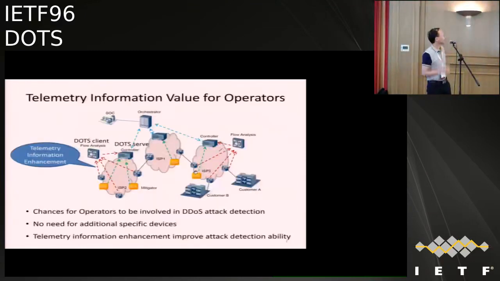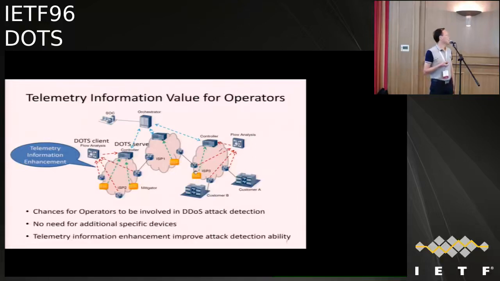Okay, next. Here is an example architecture of DOTS. As a part of the whole solution, I think the first thing that the network devices should do is to measure the network traffic and report the measuring results. So I think the enhanced and standard telemetry information will be beneficial and suitable for operators.